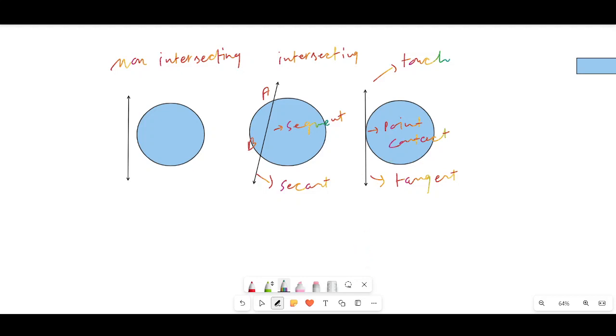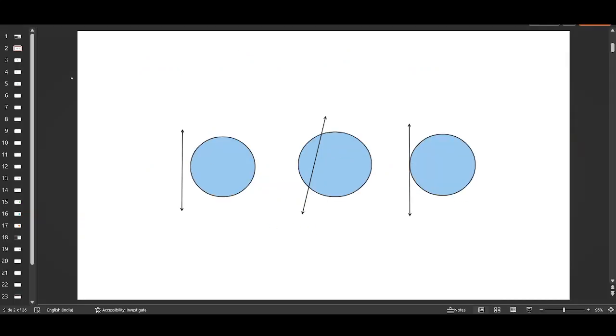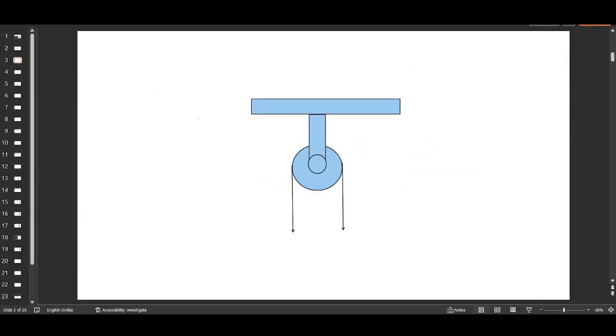Now this is a very popular figure. Today mostly nobody knows about this, but in dynamics we use it to sort out problems related to a pulley.